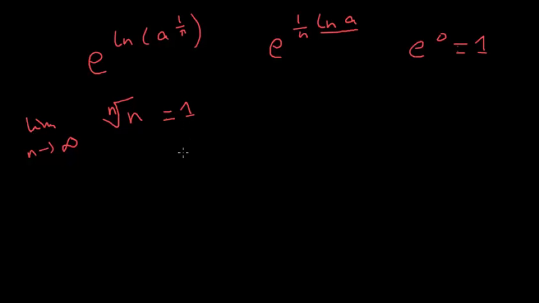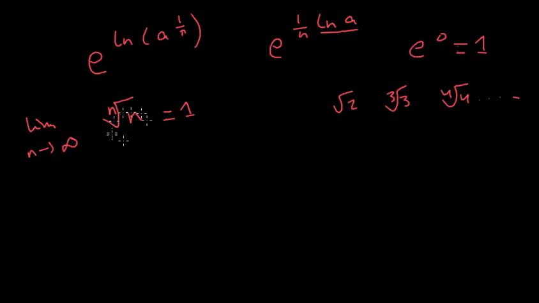Go and pause the video and try to prove this. If you take the sequence like first root of 1, square root of 2, cube root of 3, fourth root of 4, and so on, this limit tends to 1. If you don't believe me, pick up your calculator and keep doing it, and this number would slowly approach 1. That should suggest to you that this tends to 1. But proving this, I will show you in this video.